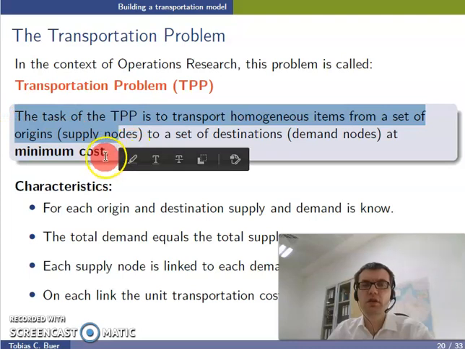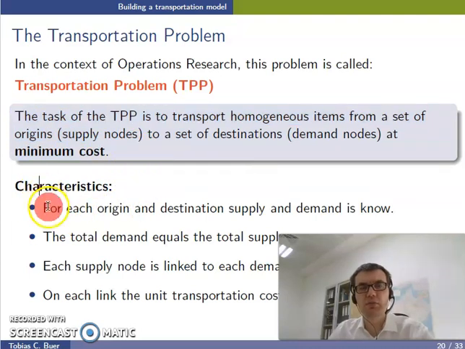This is a full description of the transportation problem, and the main characteristics of this problem are the following. For each origin and for each destination, the supply and the demand respectively is known. The total demand equals the total supply. Check this for our model.